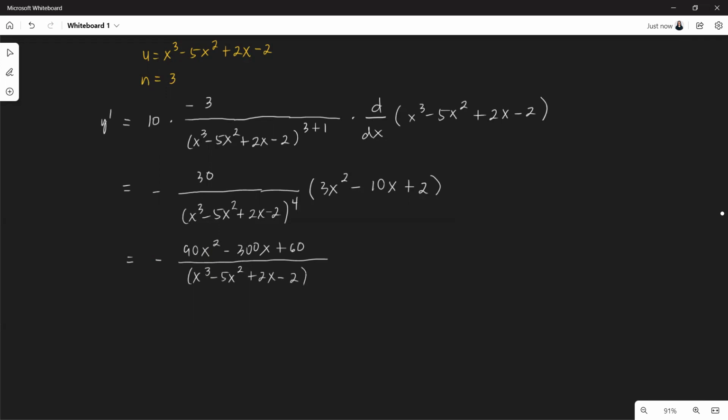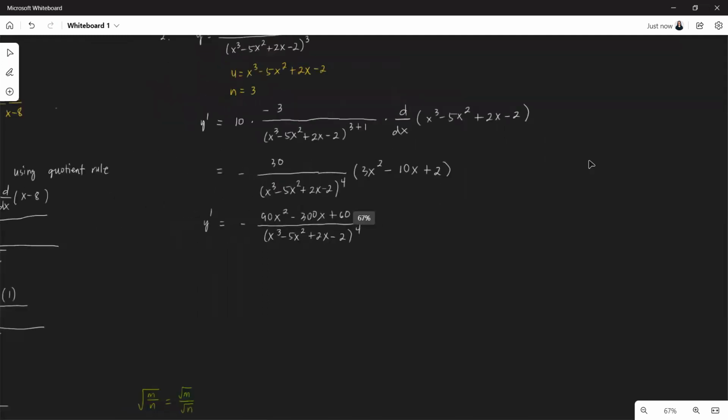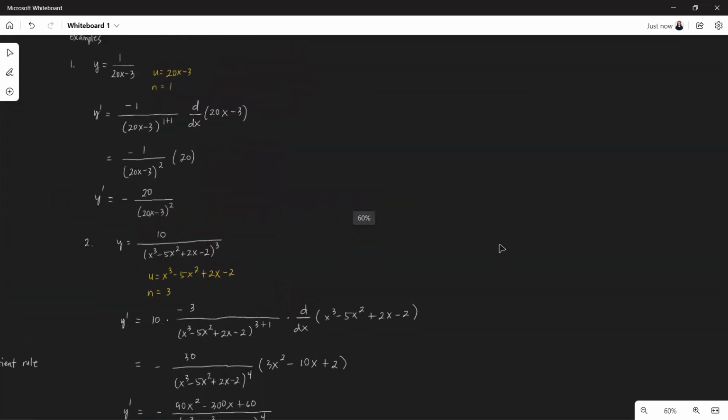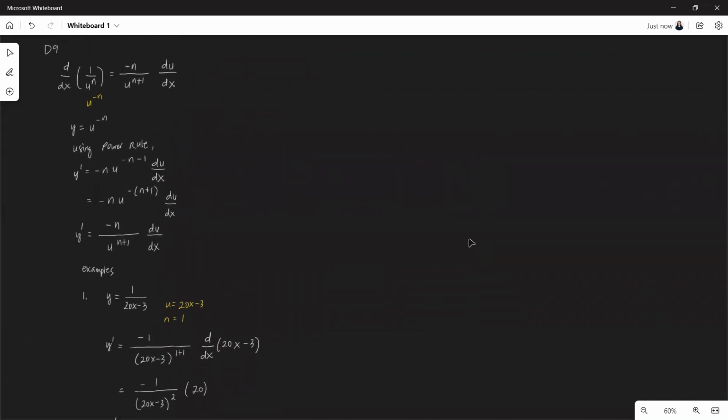It's already correct as long as the original u is present, so you don't have to get the result of raising this to a power of 4. So this is already your final answer. So that's how you apply the special rule. Special case if n is -1, derived from the power rule.